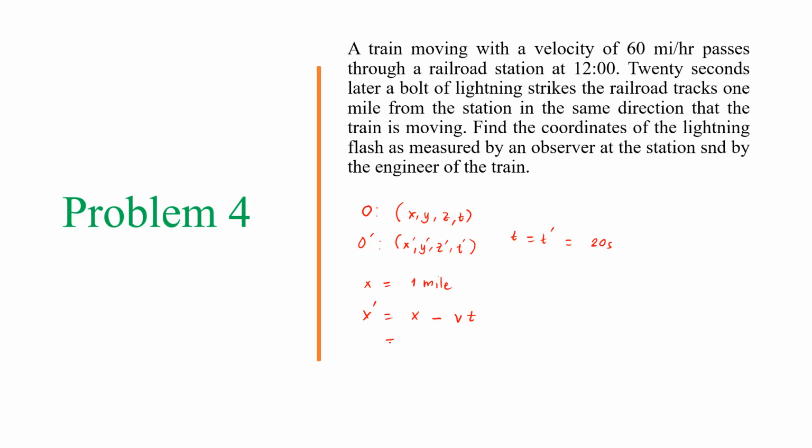So this is equivalent to 1 mile minus the velocity of the train, which is 60 miles per hour, multiplied by the time, which is 20 seconds, and we convert this to hours.